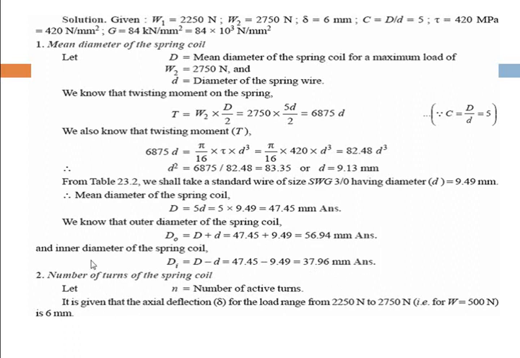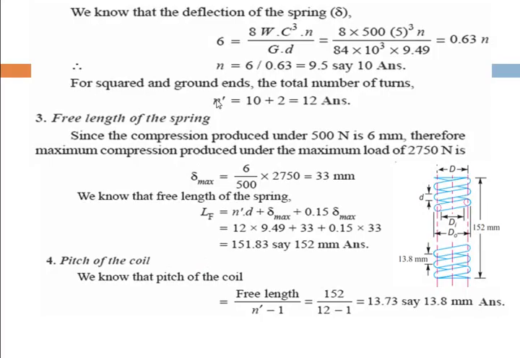Next, we need to find out the number of turns by using the delta relation. Deflection delta is equal to 8 W C cube n by G d. By substituting all the known values, we can find out the n value, because we know the deflection delta is equal to 6 mm.